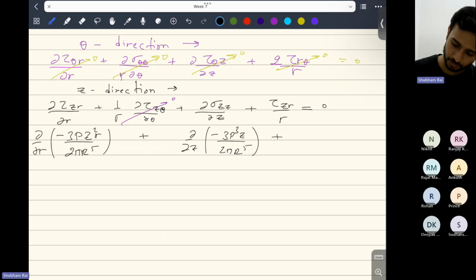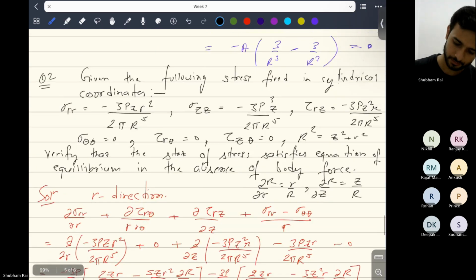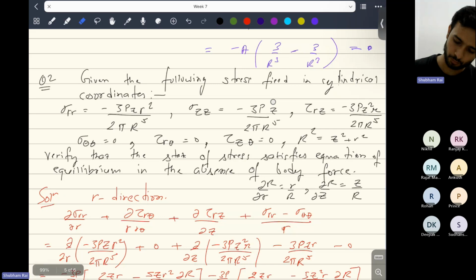And then you have the extra term tau zr over r. So to do that, tau zr over r will be given by this, pz cube, of p cube z. This is pz cube.